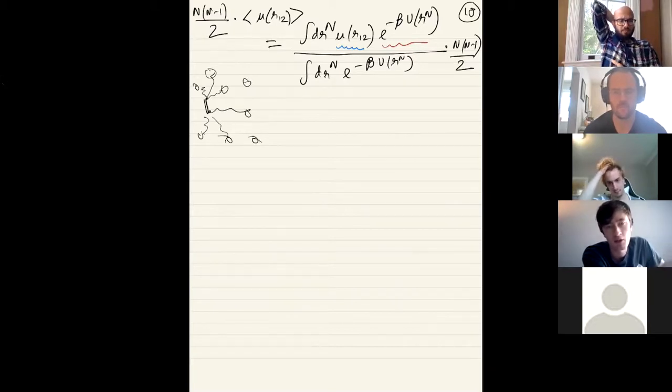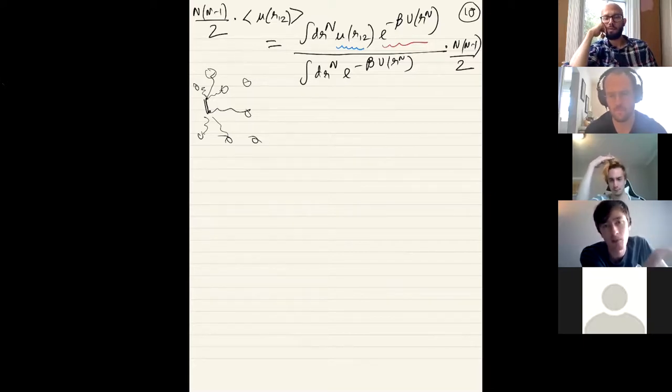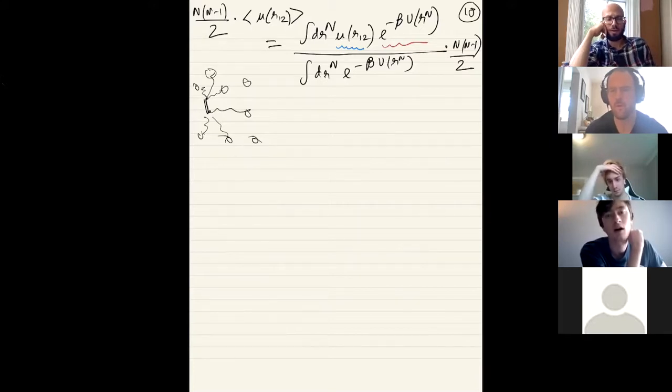And then you have u of r1 and r2, and then a product of all these exponentials, e to the minus beta. I guess u of rn could be very complicated, right? It doesn't necessarily have to be separable. Well, we are assuming pairwise interaction here.